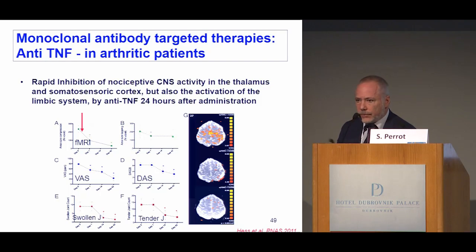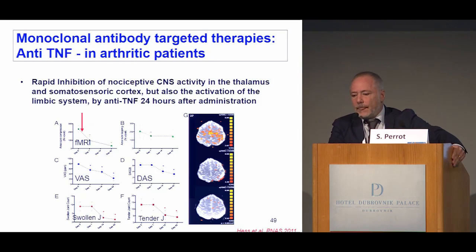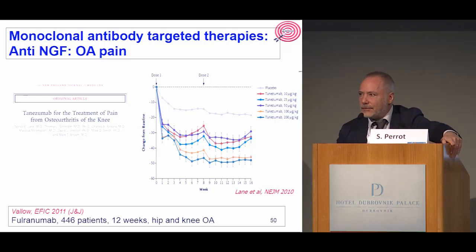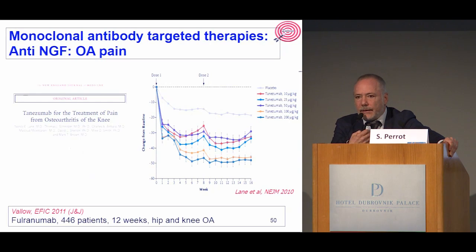Here is a study that was shown this morning, demonstrating that anti-TNF not only improves inflammation, but before improving inflammation, it improves pain, with this brain imaging demonstrating very rapid efficacy on the pain pathway before activity on inflammation.